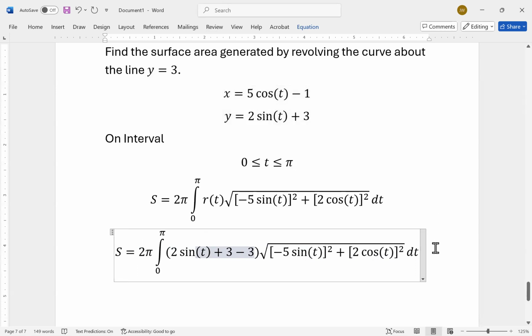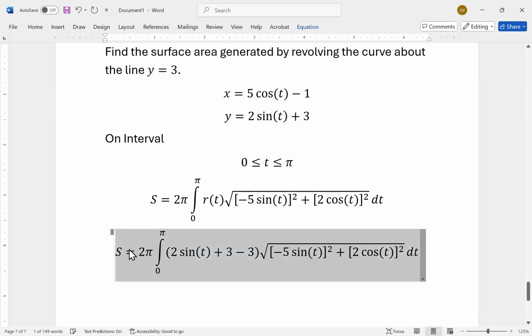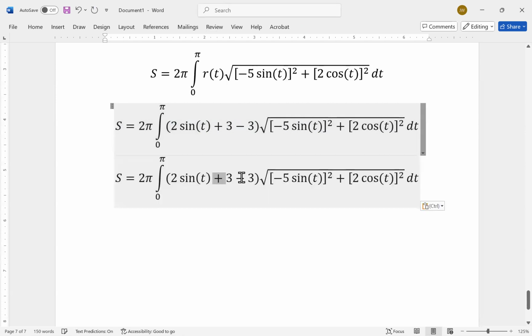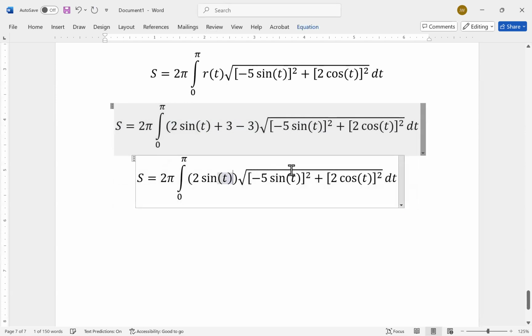Notice what's going to happen there. If I take this entire formula, the plus 3 and the minus 3 are going to cancel out.